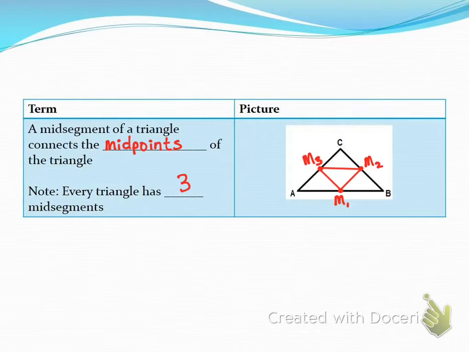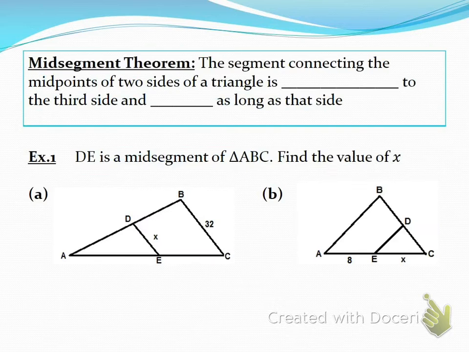Questions about what a midsegment is or what it does? Okay, so let's talk about why they're special. The midsegment theorem. The segment connecting the midpoints of 2 sides of a triangle is parallel to the third side.